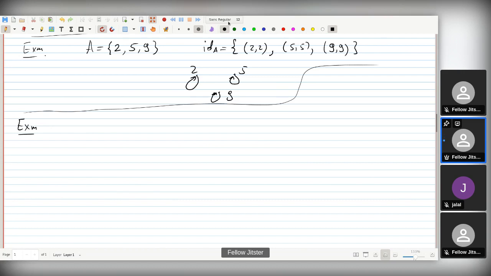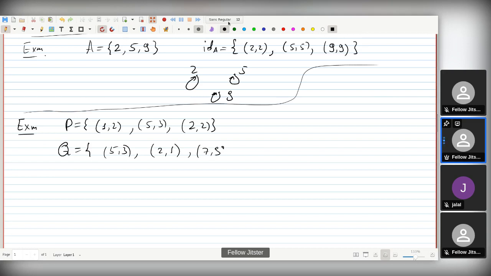After all, let us consider an example. So let P consist of (1, 2), (5, 3), what else? (2, 2). And let Q consist of (5, 3), (2, 1), (7, 9).